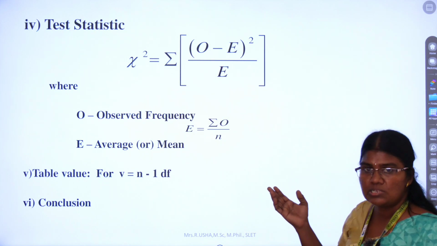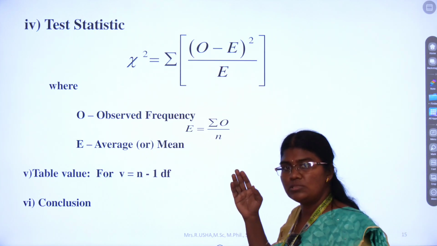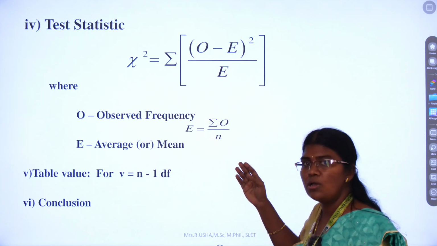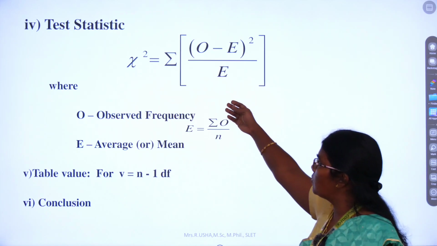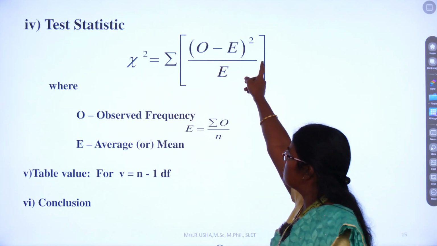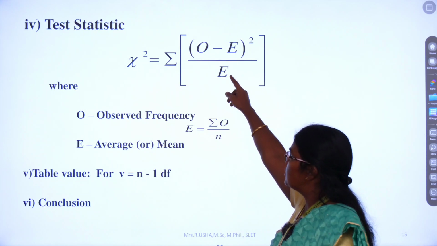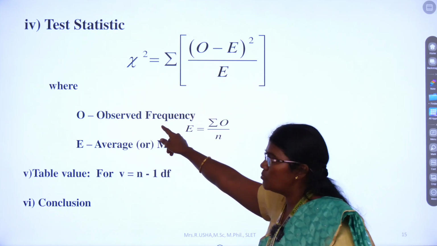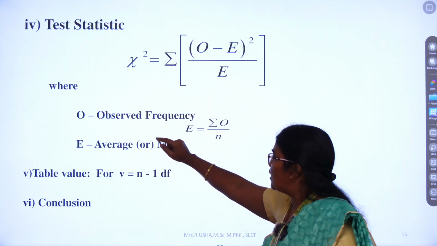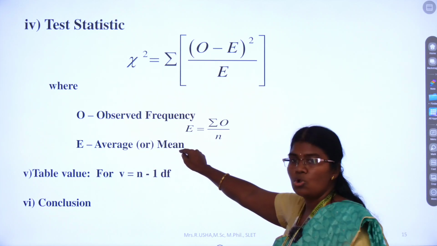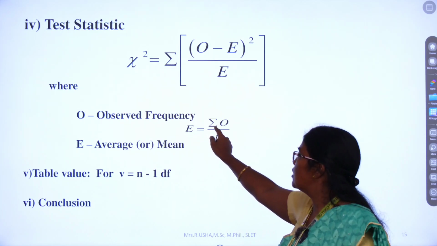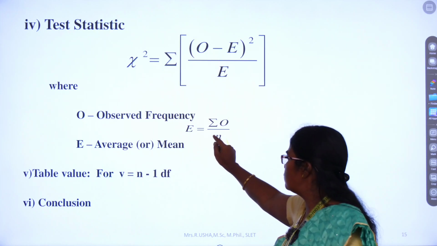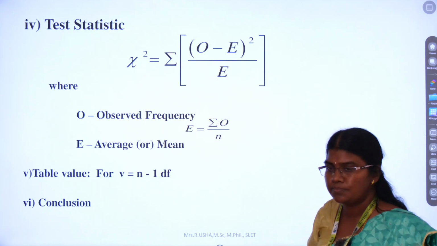Then the test statistic: using this formula we find the calculated value of chi-square. The chi-square formula is summation of (O minus E) whole squared by E. Here O represents the observed frequency and E represents the average or mean, that is the expected value. E is the summation of observed frequency divided by N.